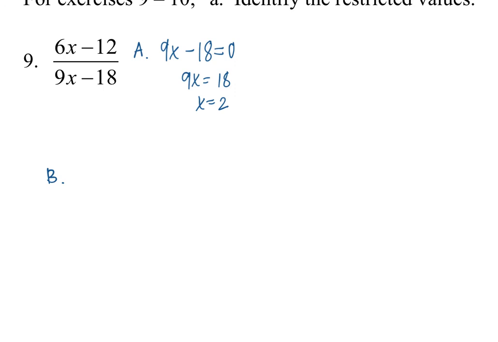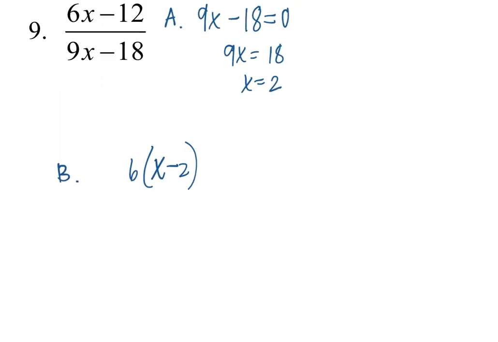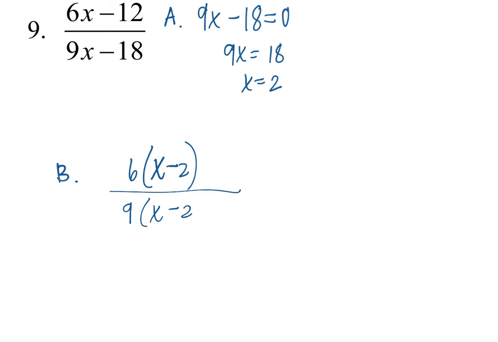So the numerator, you can pull out a GCF of 6, and you're left with x minus 2. And in the bottom, if we pull out a 9, we're left with x minus 2 as well.